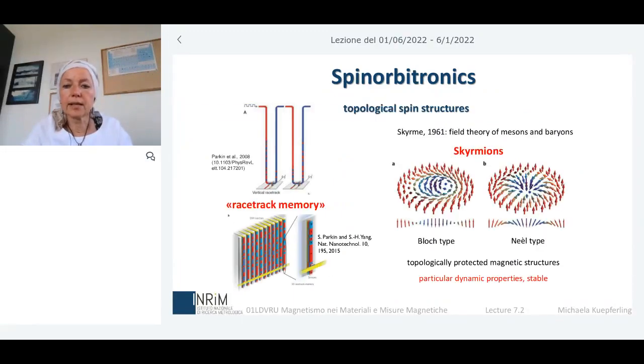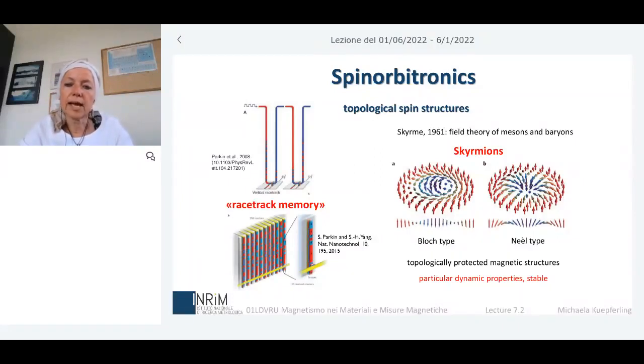So the other important topic is orbitronics. I would say this is the most important topic in the last years. Here we study effects of spin-orbit coupling. And spin-orbit coupling, we mentioned several times, might create a non-collinear alignment of magnetic spins.